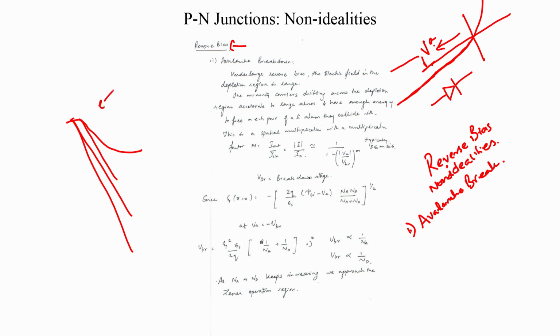You have one electron getting another electron out, and then these in turn start pulling out more and more electrons because of this very high electric field, and therefore you have this avalanche of electrons adding to the current. You will find a massive surge in the current and the device simply cannot take that surge and it breaks down.